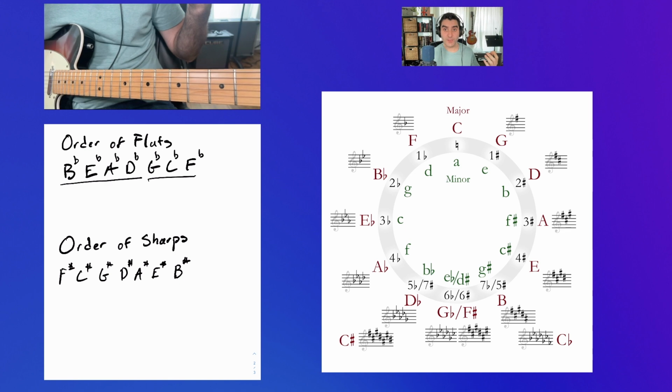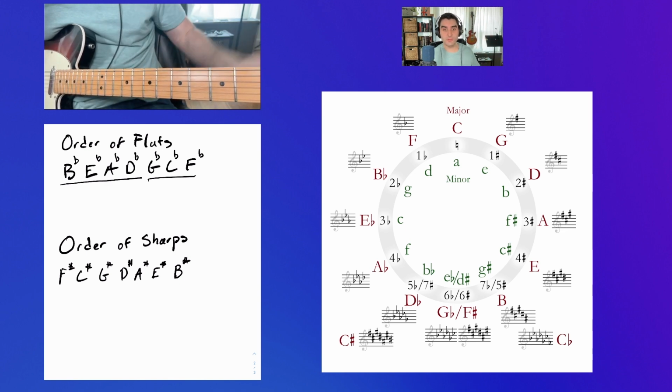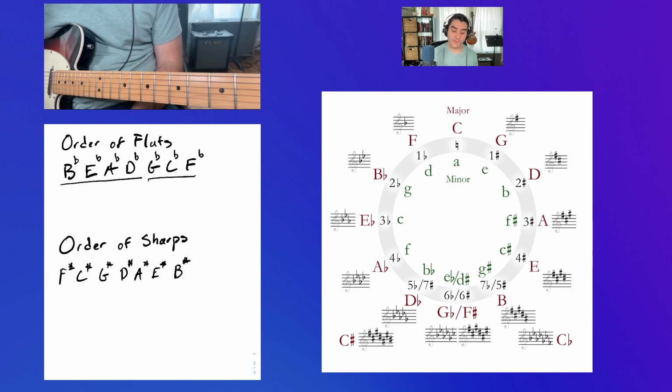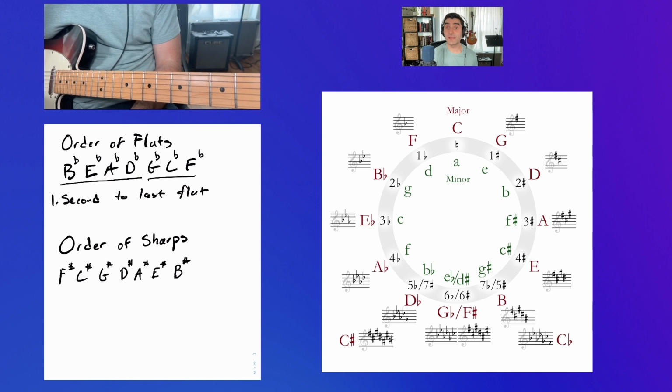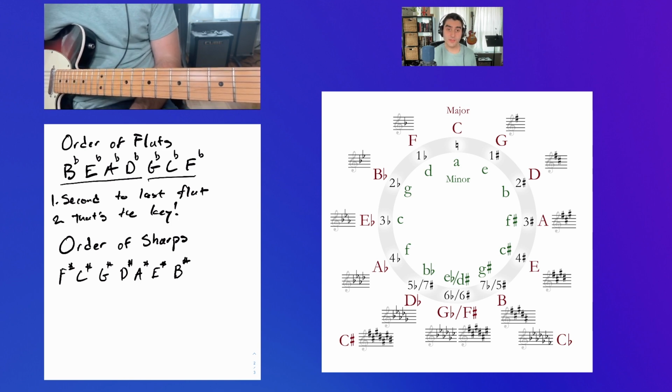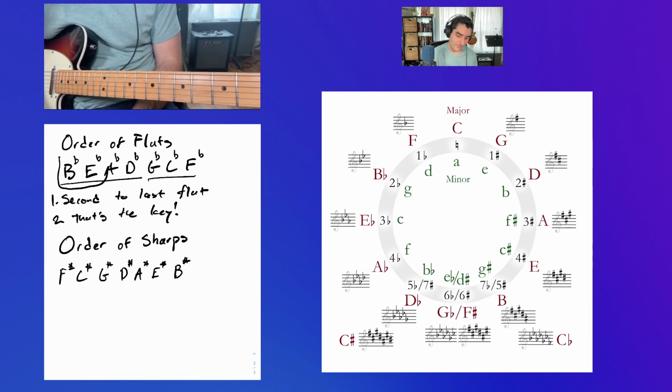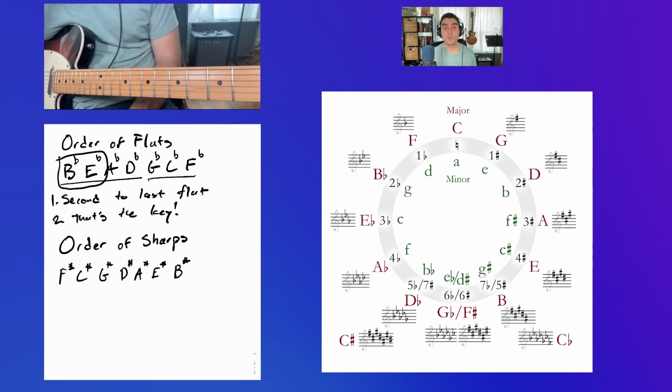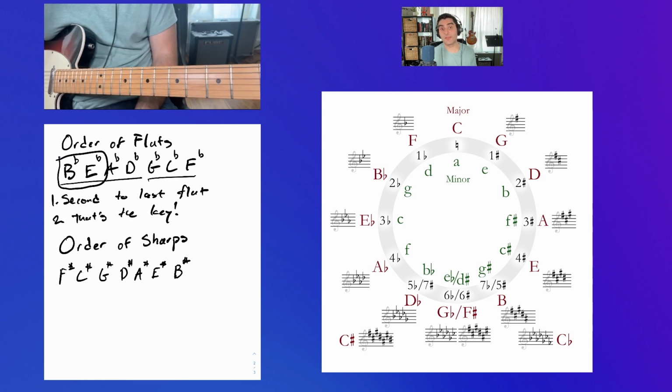So that way, whenever you see a key signature or you need to reverse engineer it, you can figure this out. What we do for a flat key signature is we take the second to last flat, and then that's the key. So for example, if we have a key signature that has two flats in it, let's say B flat and E flat. Well, the second to last flat is B flat. So it's actually the key of B flat.